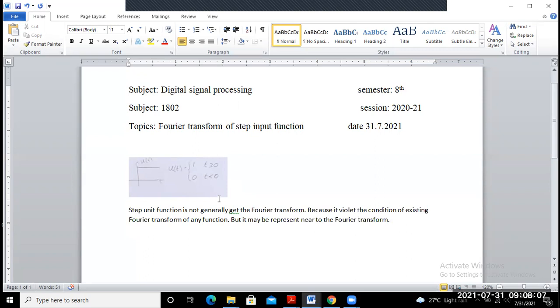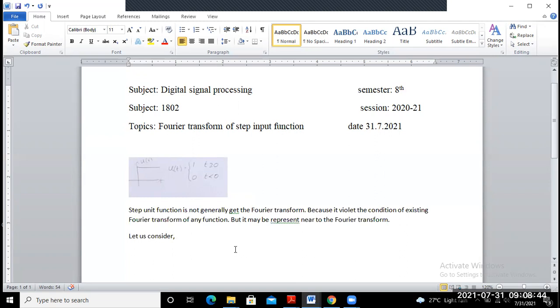That means x(t) equals the limit as omega naught tends to 0 of cos omega naught t u(t).